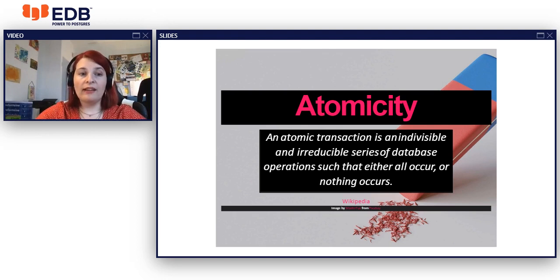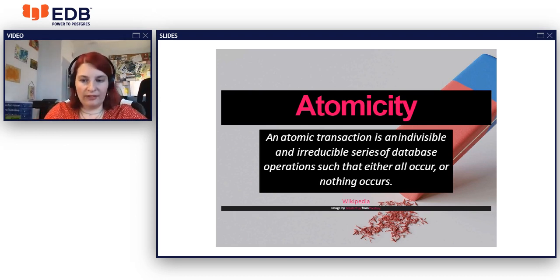But everything that happened during the transaction will be committed or rolled back. You can't have half of a transaction that's being committed. It's what Wikipedia says: an atomic transaction is an indivisible and irreducible series of database operations such that either all occur or nothing occurs.